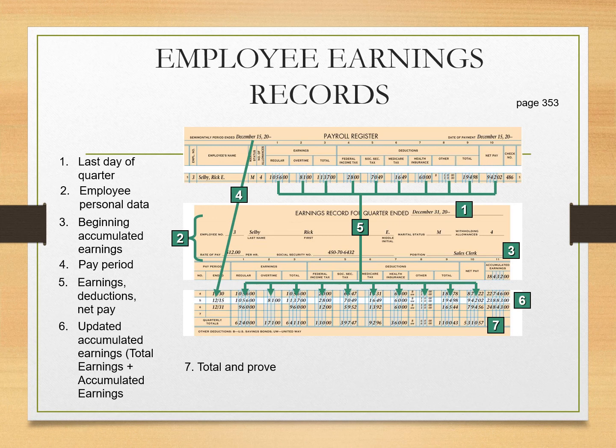At the end of the quarter, you will need to total and prove the quarterly totals. To prove, you will take your total gross earnings, subtract out your total deductions to get your net pay. Otherwise, you can take your net pay plus your total deductions and they should equal your total earnings.